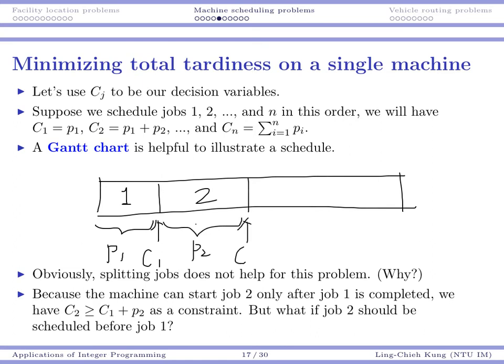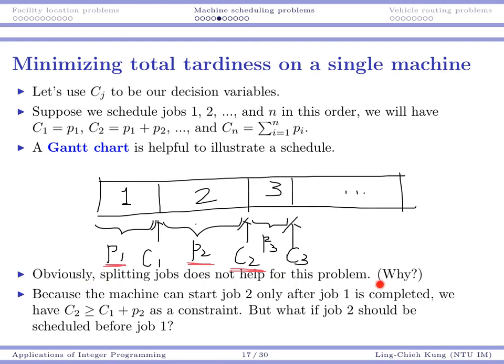So my C2, very clearly, C2 would be p1 plus p2. And then I probably work on p3, and p3 may be short. Then my C3 would be here, and so on, and so on. And that's a depiction of our schedule and the processing time and the completion time.